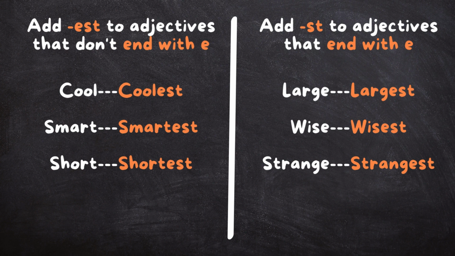Now add st to adjectives that end with e. So large ends with e, so you add st to it and you get largest. Wise ends with e, add st to it and you get wisest. Strange ends with e, add st to it, you get strangest.